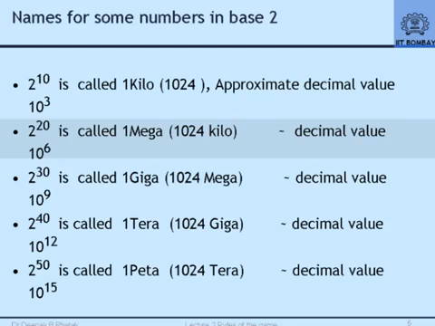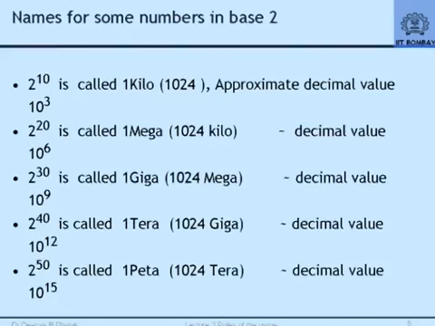So remember, just as there are words for powers of 10 by 3, 10 raised to 3, 10 raised to 6, 10 raised to 9, etc., there are similar words for 2 to the power 10, 2 to the power 20, 2 to the power 30, etc. And these are roughly kilo, mega, giga, tera, peta.